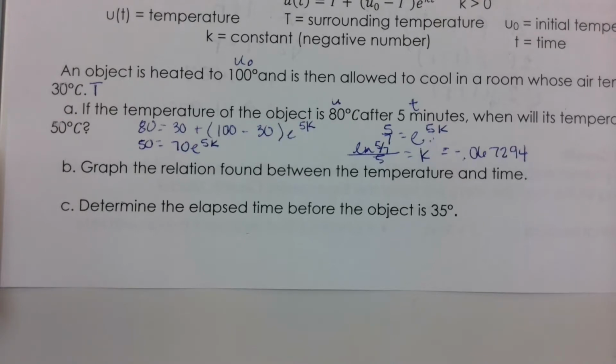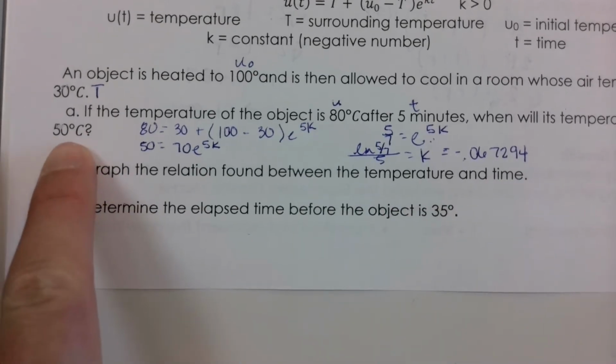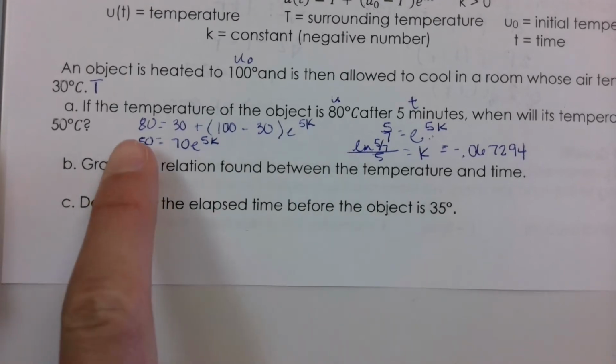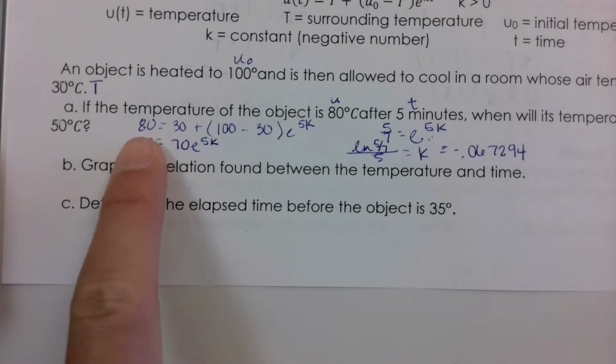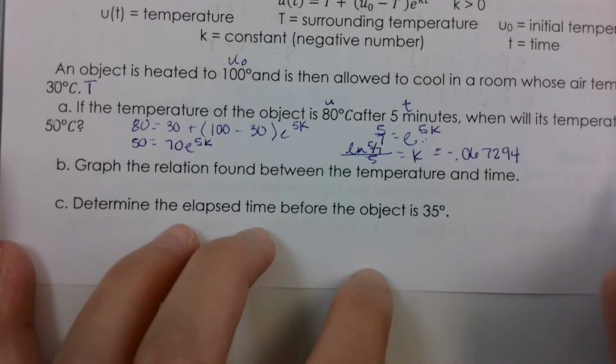Okay, so we're going to use that k value to plug back in, and we want to know now when it's 50 degrees. So all of this stuff is going to be the same, but we're going to have a 50 over here instead of 80. Does that make sense? And then you're plugging in your k value.